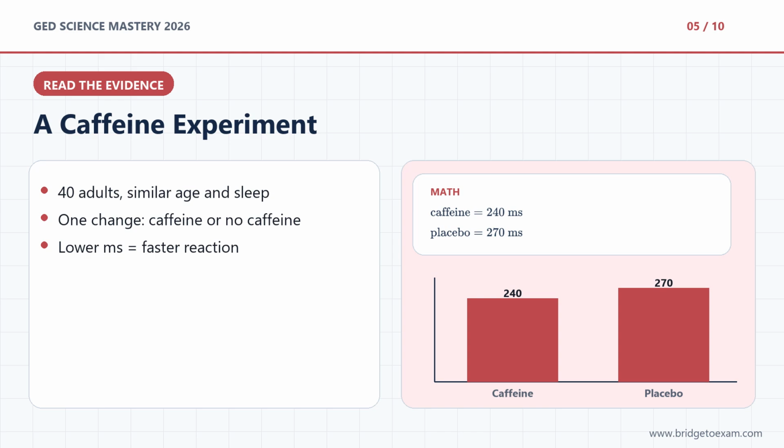Look at the bars. The caffeine group averaged 240 milliseconds. The no caffeine group, the placebo, averaged 270. Remember, lower is faster, so the caffeine group reacted a bit faster on average.